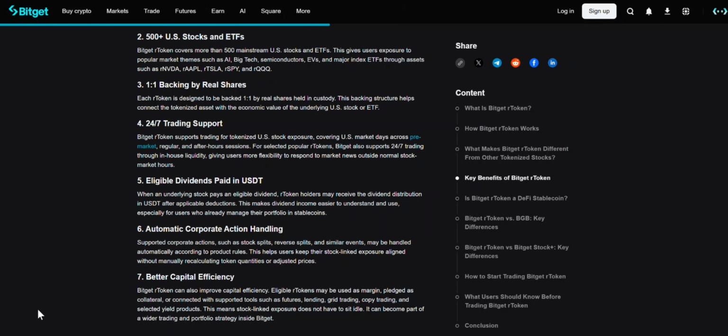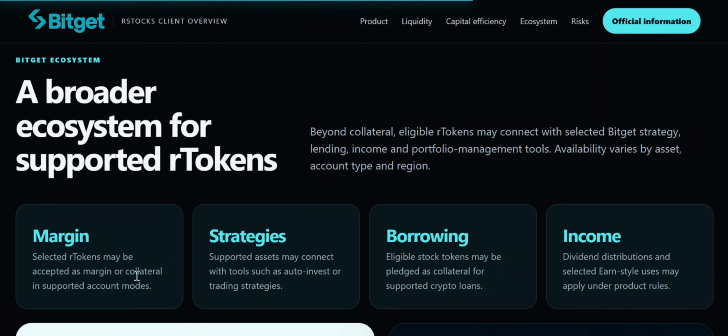So just to wrap this up, I want to add one more thing about the ecosystem for the supported R tokens. Beyond collateral, eligible R tokens may connect with selected Bitcoin strategies. So that's lending, income, and portfolio management tools, which can be found in the exchange. And the availability varies by asset and account type. So you can use margins and different strategies.